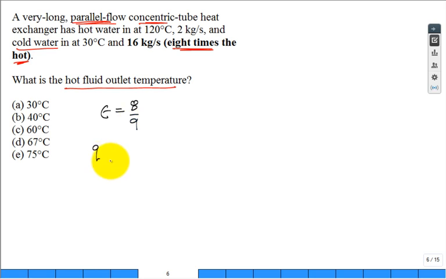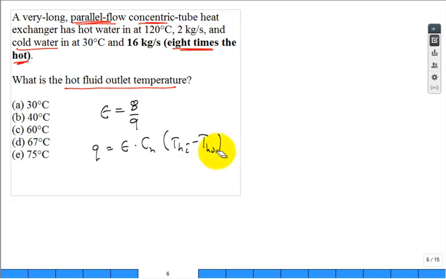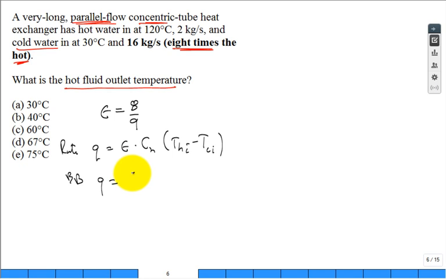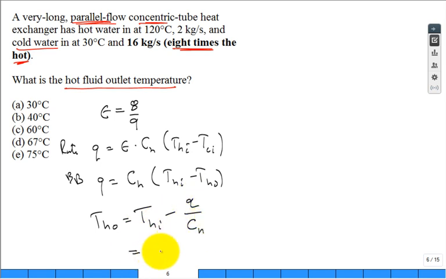So that the Q actual is effectiveness times the minimum heat capacity rate. That's still the hot fluid. Temperature hot in minus temperature hot out. Not temperature cold in, sorry. And then that's our rate equation from our energy balance. Q is equal to heat capacity rate of the hot times temperature hot in minus temperature hot out, so that temperature hot out is equal to temperature hot in minus Q divided by C hot, which is temperature hot in minus effectiveness times C hot times the quantity temperature hot in minus temperature cold in, divided by C hot.